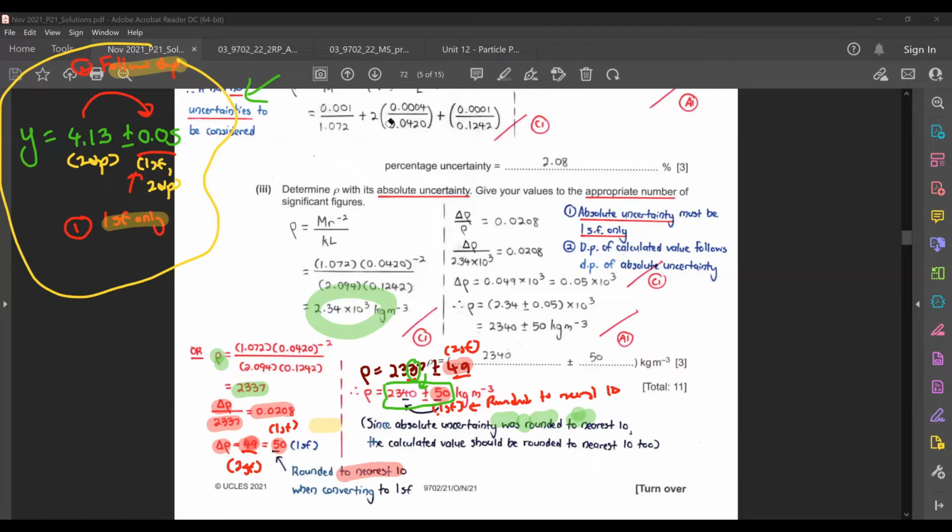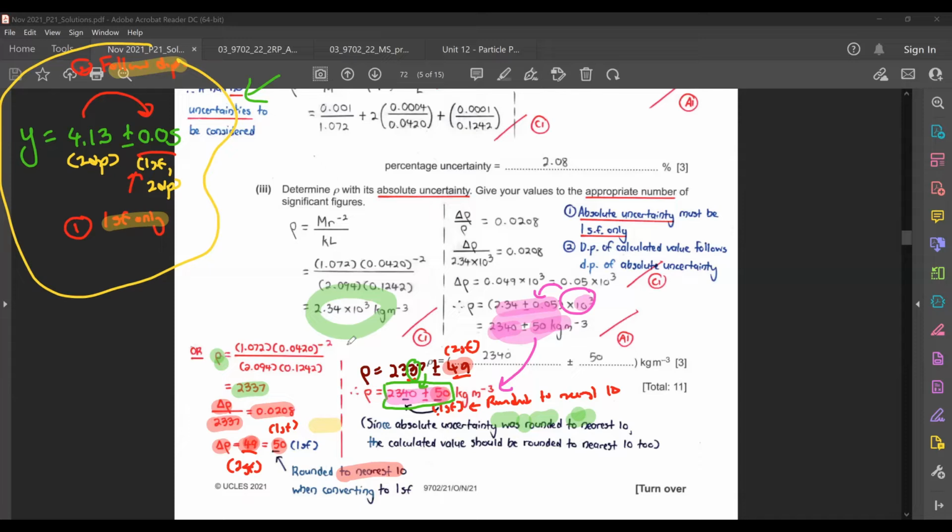You get 2.34 plus minus 0.05 times 10 power 3. If you put your 10 power 3 inside, you get 2,340 plus minus 50. Isn't this the same as what you have here? This one is also 2340 plus minus 50. You are basically getting the same answer.